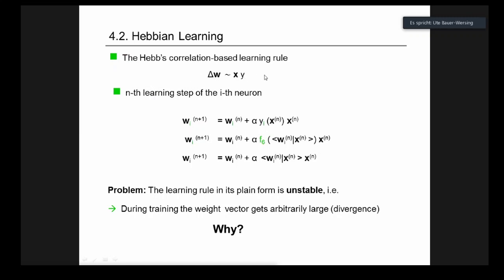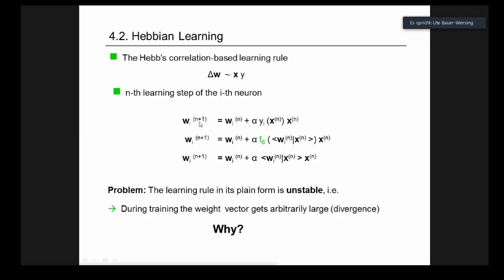So this is proportional. We can formulate this to be an effective learning step, the nth learning step of the ith neuron in our network. We formulate the weight vector of neuron i in our network.